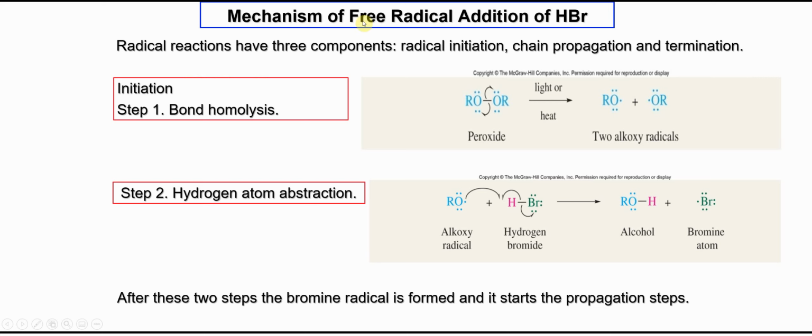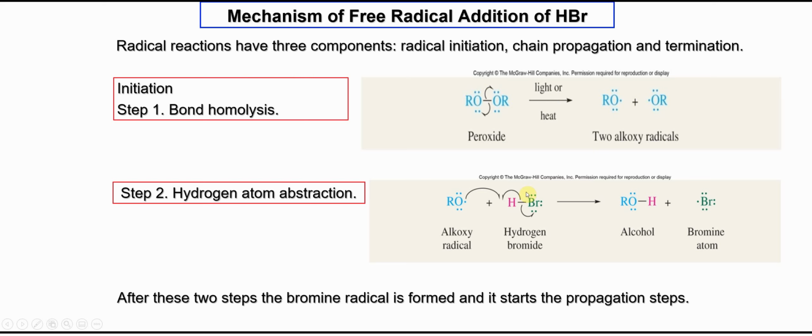So what happens? We are going to discuss free radical addition. In your peroxides, this peroxide is going to be subjected to homolytic bond cleavage to form radicals called alkoxy radicals. This bond is weak. Therefore, this step you call the initiation.